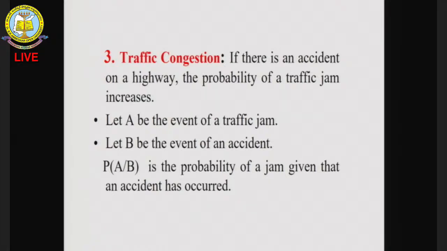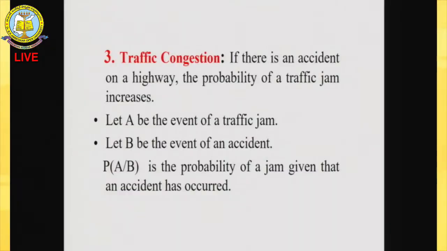Traffic congestion. If there is an accident on a highway, the probability of a traffic jam increases. This is a general statement. Okay. So, using this statement, I would like to convert it as per our definition. Here two events occur. One event is A and another event we can assume to be B. Let A be the event of a traffic jam.